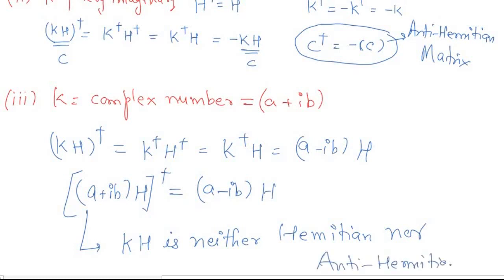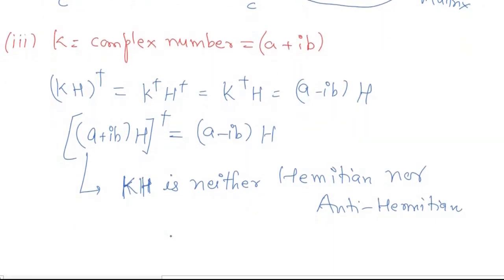So it will completely change its identity. It will not be a Hermitian matrix, and it will not be an anti-Hermitian matrix. It may be any other matrix, any general matrix. It is not any special matrix. So if you multiply H by a complex number that is not purely real or imaginary, the identity is completely changed. It is neither Hermitian nor anti-Hermitian.